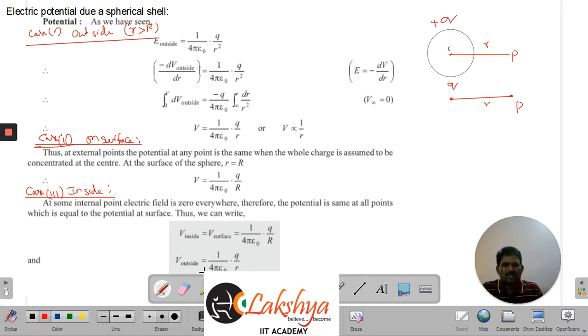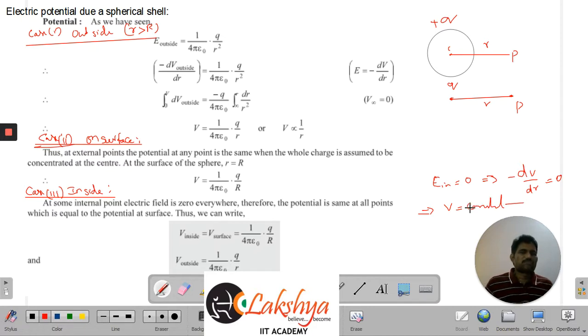So first let us write the electric field inside. So electric field inside is 0, right? So electric field inside the spherical shell is 0, which means according to our EV relation, minus dV by dr is equal to 0. So dV by dr is equal to 0 means we can mention that V is equal to a constant value.